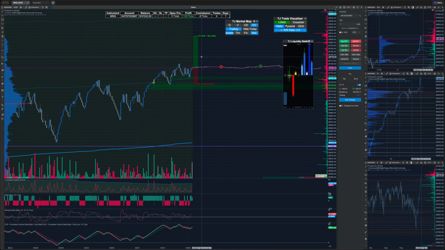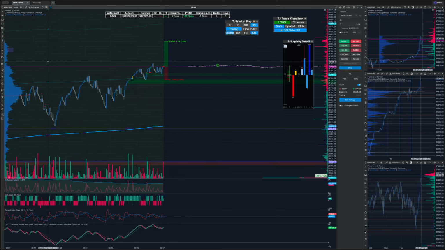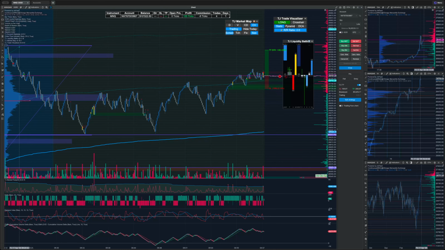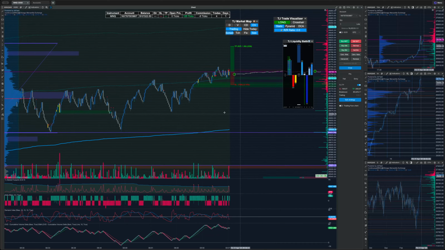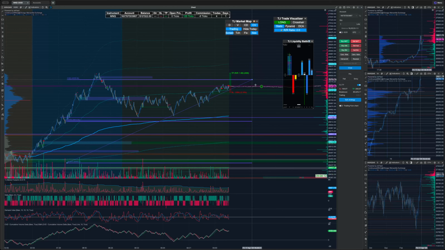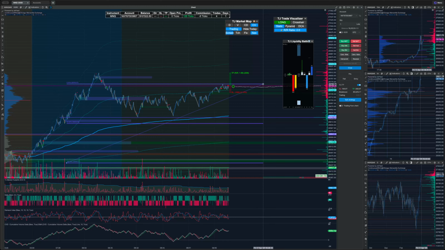And right up here, there's such a non-interest range, an area where the market moved down from here heavily.